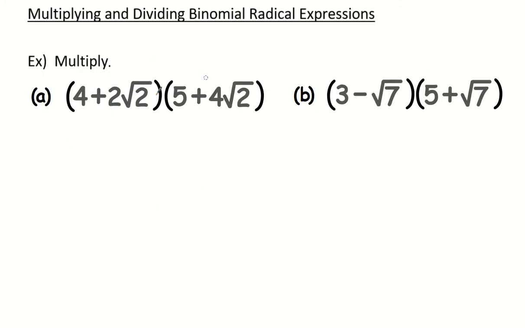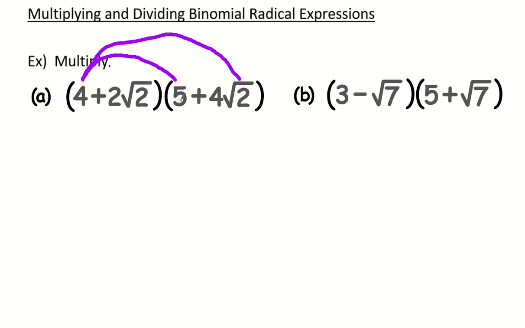We have a binomial times a binomial. So how are you going to multiply this bubble times this bubble, where this bubble has a couple of terms and this bubble has a couple of terms? Well, good thing is we've done this kind of thing before. And the way we did it was through the distributive property.